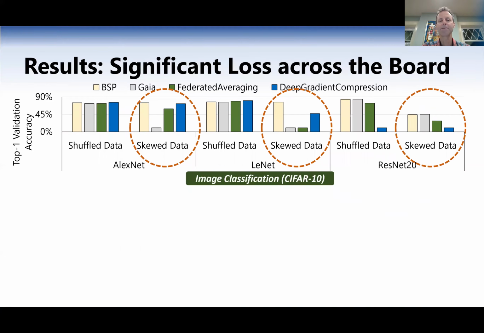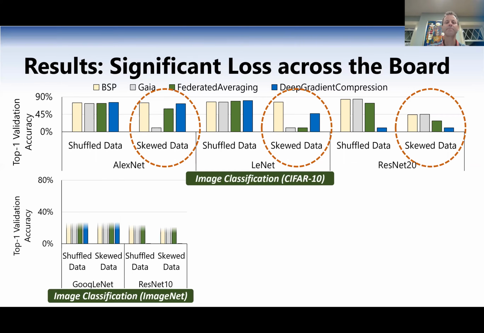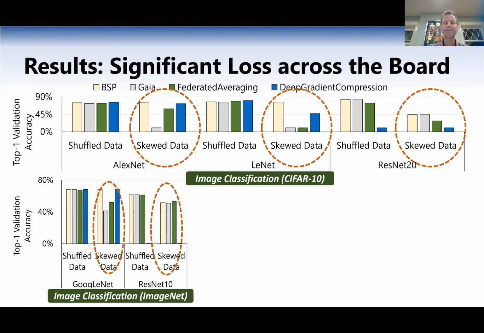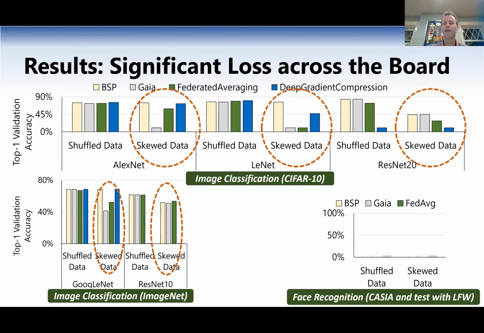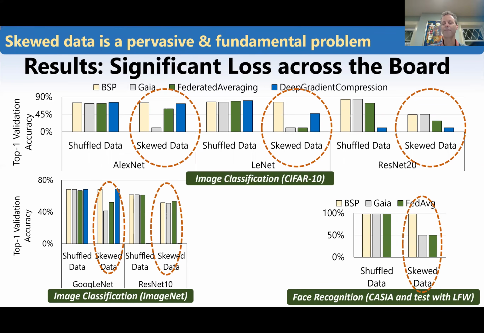And on the right is our artificially skewed data. And we can see that indeed there's a dramatic loss in accuracy across each of the 3 methods that reduce communication: Gaia, federated averaging, and deep gradient compression. When we look at a different data set, ImageNet, we see similar trends. And finally, when we look at a different application like face recognition, we see the same trends.